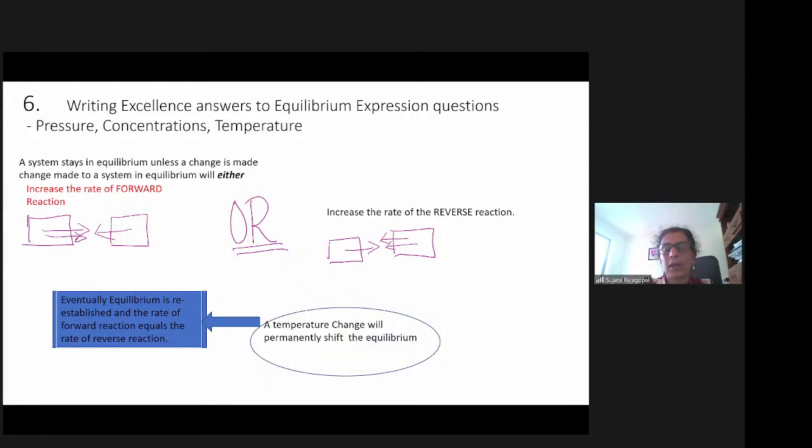When you say it is in equilibrium, the amount in the reaction is stable, where the number of products and the number of reactants remain the same. That's when you say that the reaction has reached an equilibrium state.